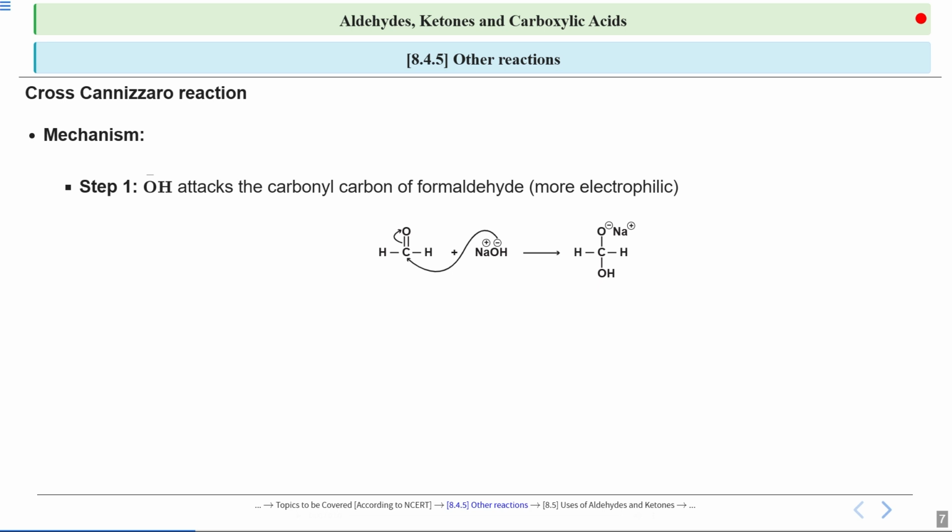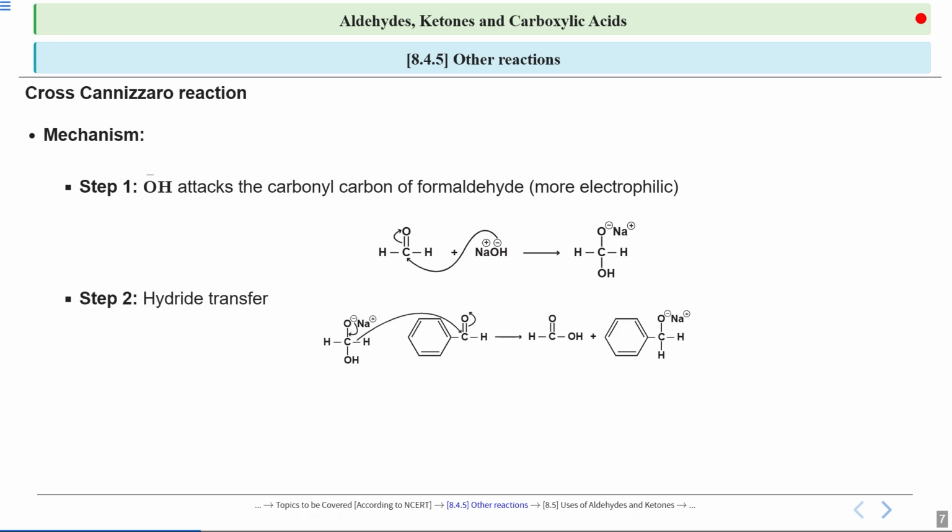We know in formaldehyde there is a carbonyl bond, and oxygen being more electronegative withdraws the shared pair of electrons towards itself. So the carbon is more electrophilic, and the OH minus ion will attack that electrophilic carbon of the carbonyl group and form the tetrahedral intermediate. So this is happening in step 1.